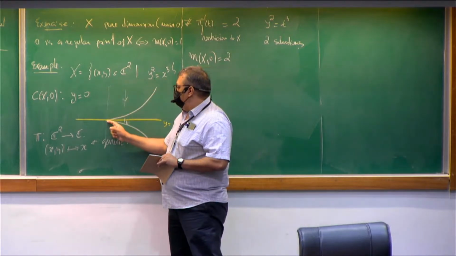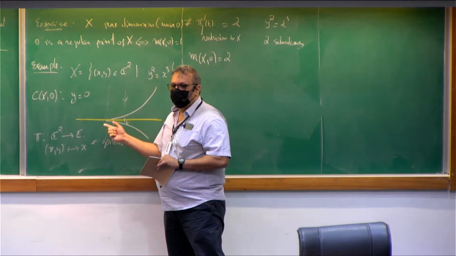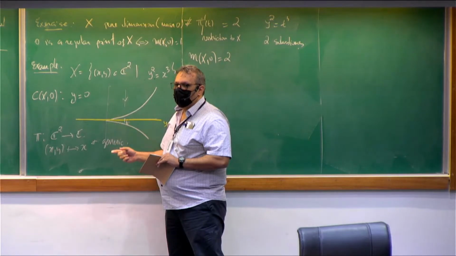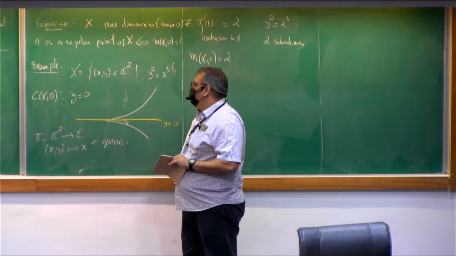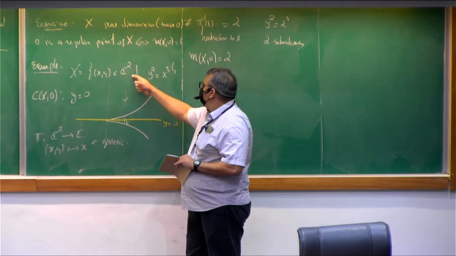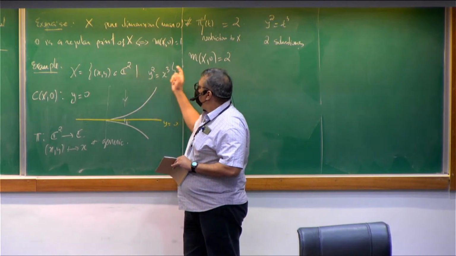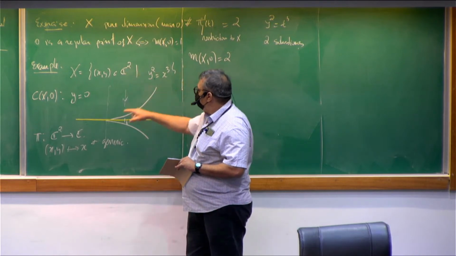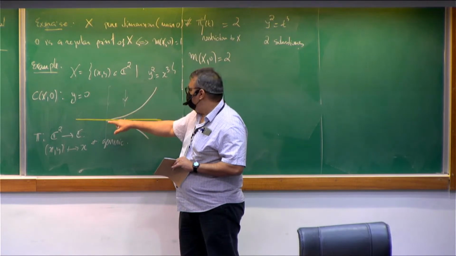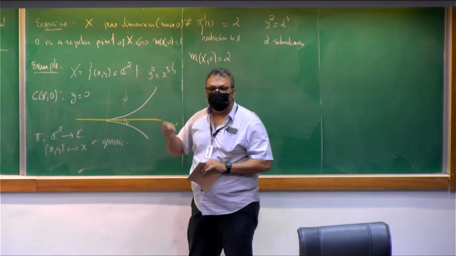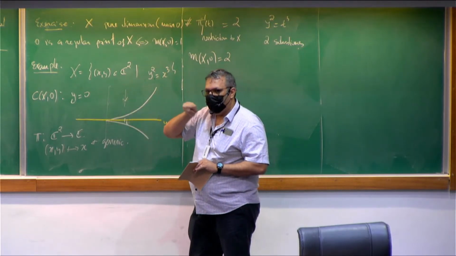And this is a way to prove that this point here is not regular. This is a singular point. In our first class, you worked with the real cusp and proved that 0 is a singular point using the tangent cone, which was a half line.